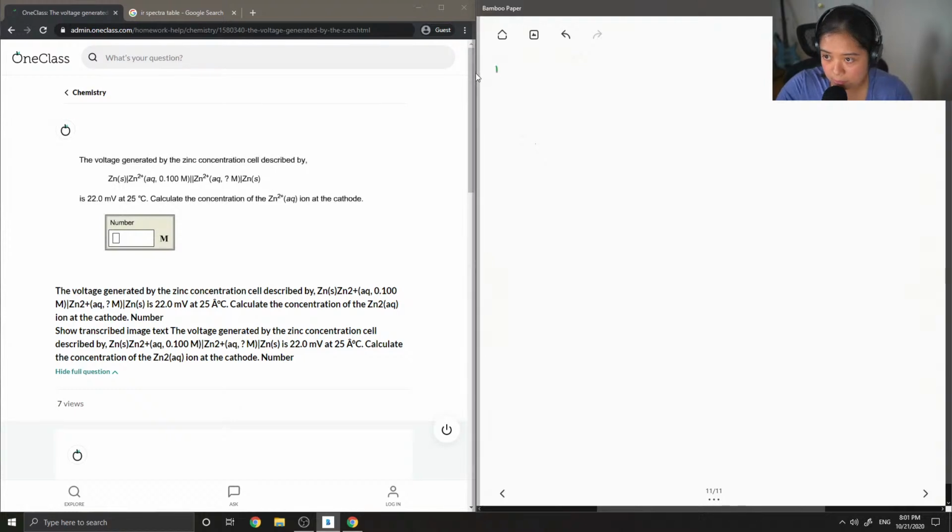Okay, so let me write down 1. And then I'm also going to try and write down the cell as well. So we have the concentration of one of them.